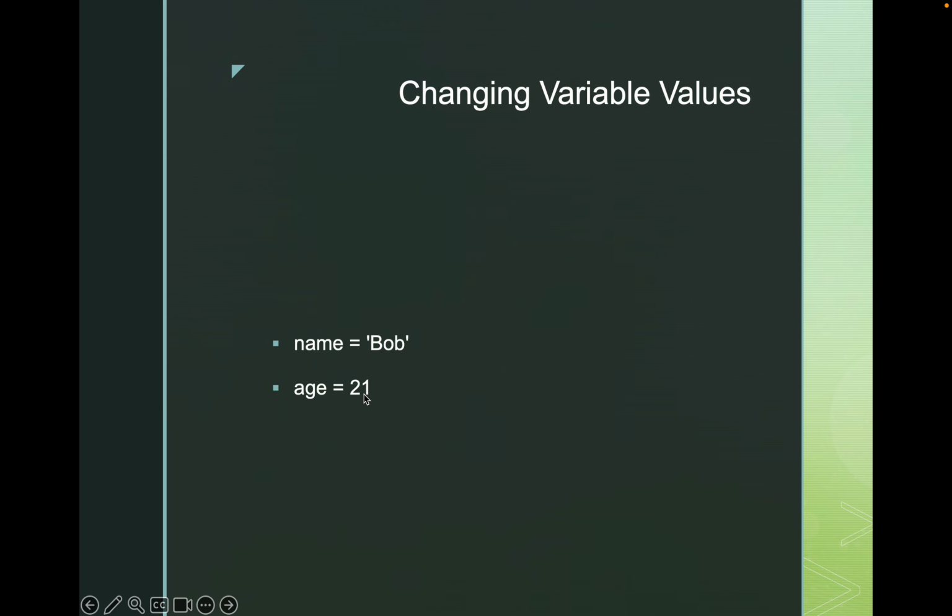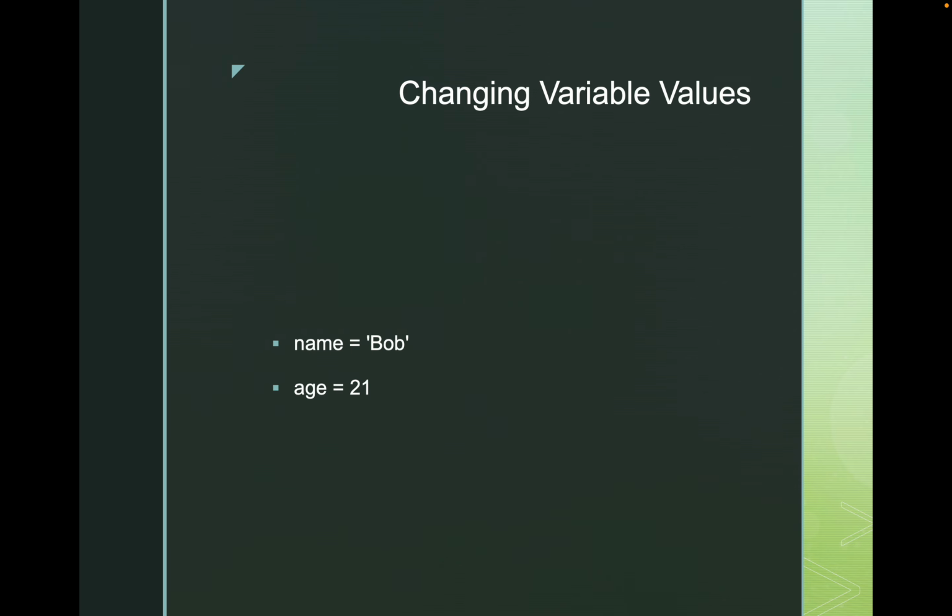If we go back to our previous slides, we assigned the name variable to Alice, and age was 20. If we change it to Bob and age to 21, it updates the values stored in name and age to the current ones.